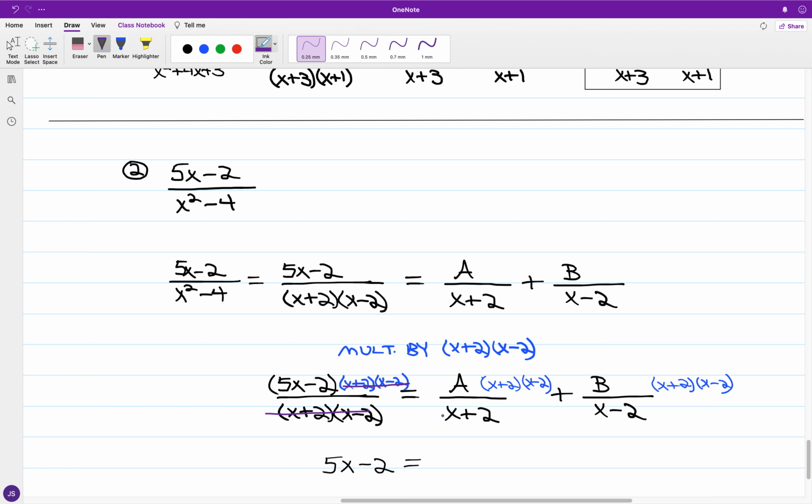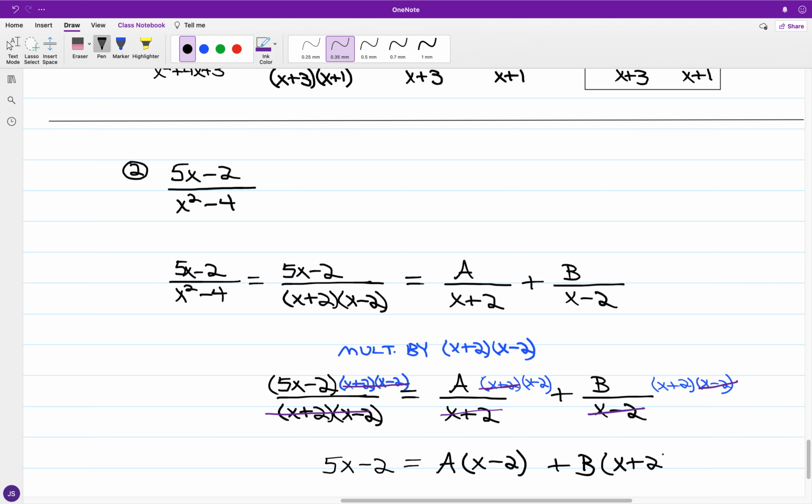Now for A, x plus 2 cancels, so we have the variable distributed over x minus 2. And as for B, we have a role reversal: x minus 2 cancels, and B is distributed over the other denominator, x plus 2.